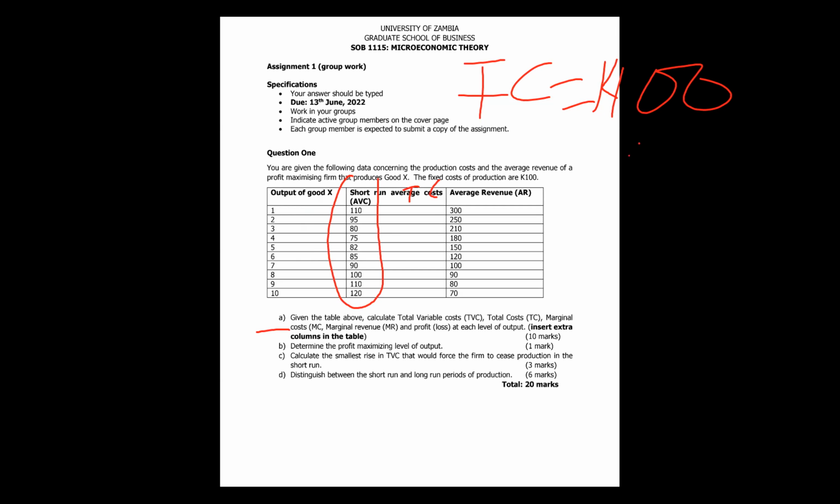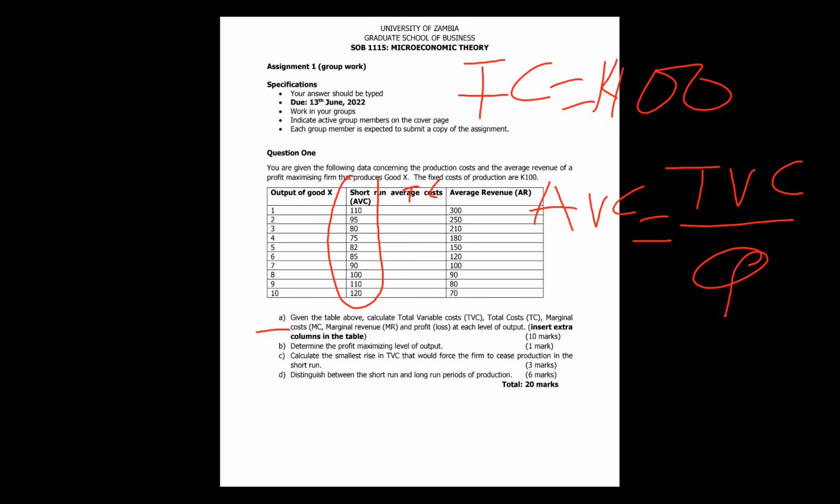It is total variable costs divided by output, it should give us average variable cost, isn't it? Yeah, that's what we just said. By the way, variable cost and total variable cost is the same thing. Don't get confused. It's just the same thing.